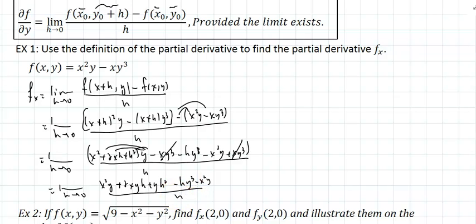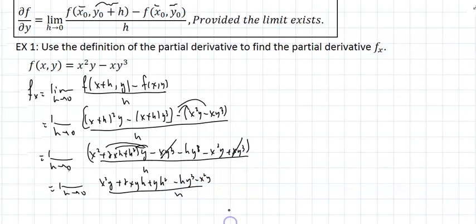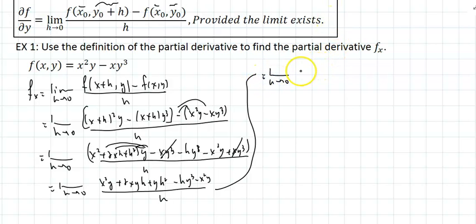All over h. Let me give that a bit more room. And let me make that look a bit nicer. That would be the limit as h approaches 0. And let's see, those two cancel out. I notice all the remaining three terms contain h. I factor that out: 2xy plus y h minus y cubed all over h.